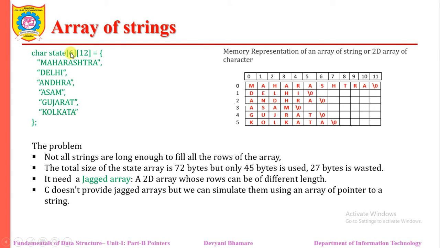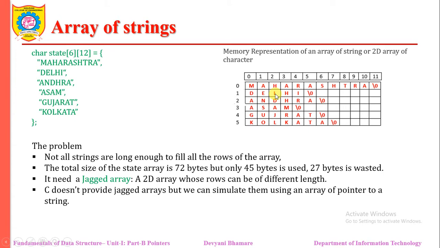The row indicates how many strings there are, and the column indicates how many characters there are in one string. It means we can store a maximum of 12 characters in each string, and the 6 indicates that there are 6 rows. If we represent such an array of string declaration in memory mapping, then what do you find? The 0th row contains Maharashtra, which can hold all 12 characters.